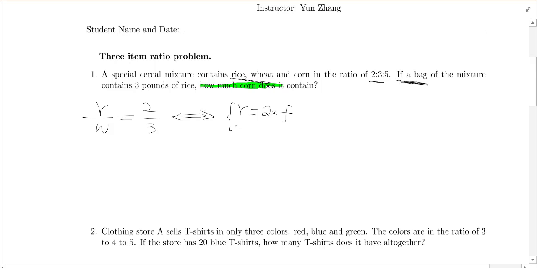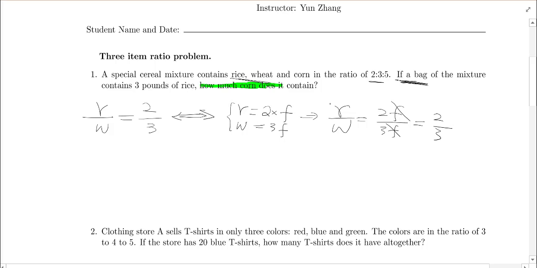The factor cancels out when you form a ratio, but before it cancels out, the true amount of R is 2 times F. Similarly, W equals 3F. The reason we have R over W equal 2 over 3 is because once you put them into a ratio, you have 2F over 3F, and then they cancel out and you get 2 to 3. So you need to understand this.